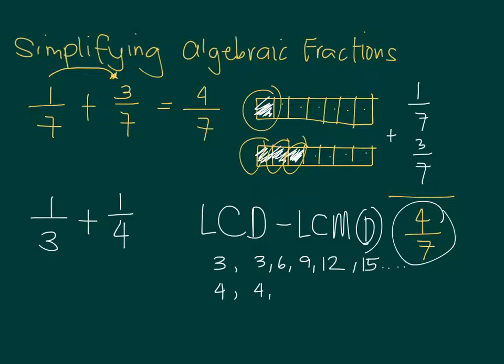Then you have 4, 8, 12, and then 16. But before you continue, you should have noticed that there's already a number that is the same after counting by 3 and by 4, and that is 12. So the LCD of these two fractions is 12.